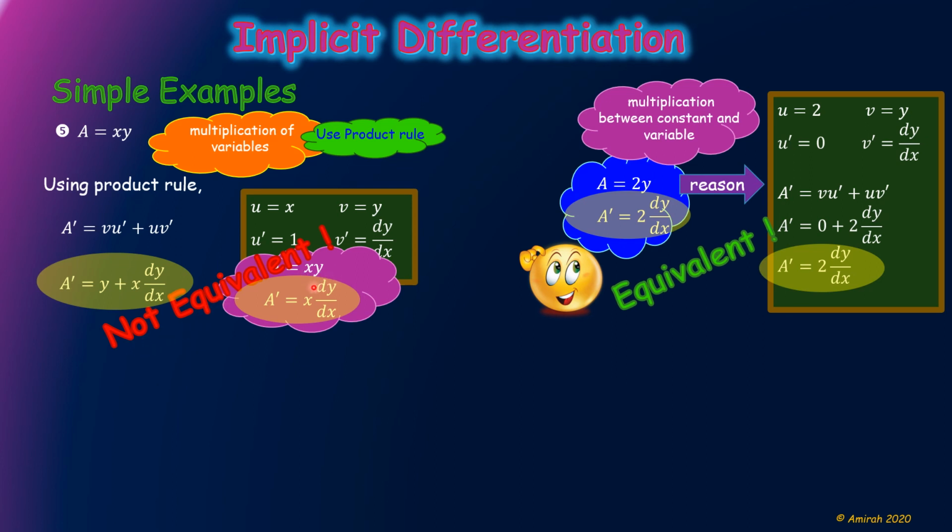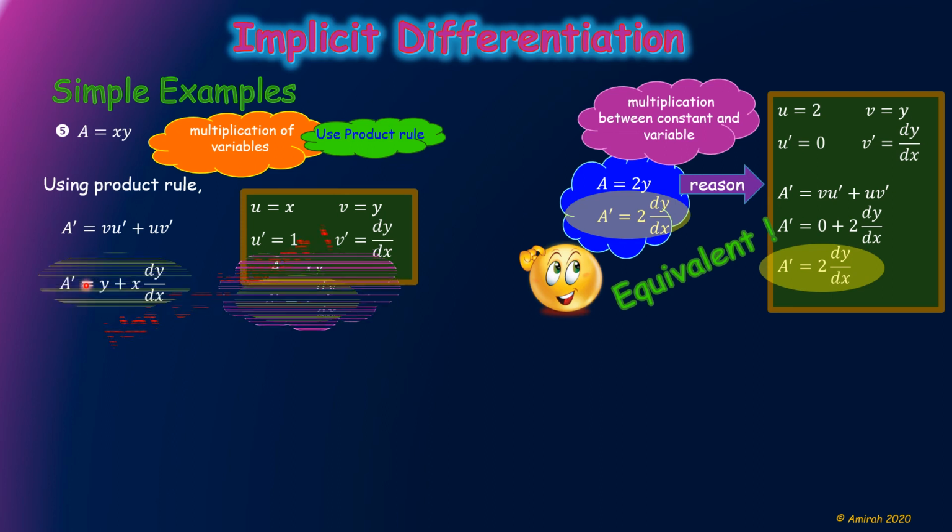So that's why if we have multiplication of variables, we can only use the product rule. But if we have multiplication between a constant and a variable, the easiest method is to still put the constant in front, and then we differentiate the variable with respect to x.